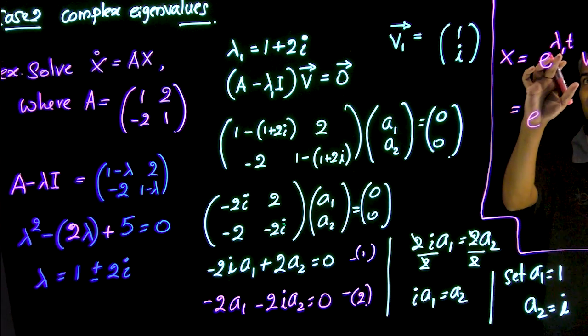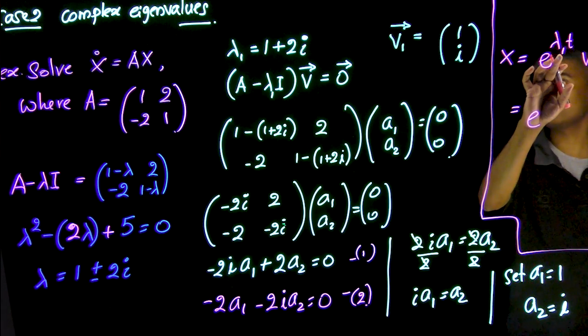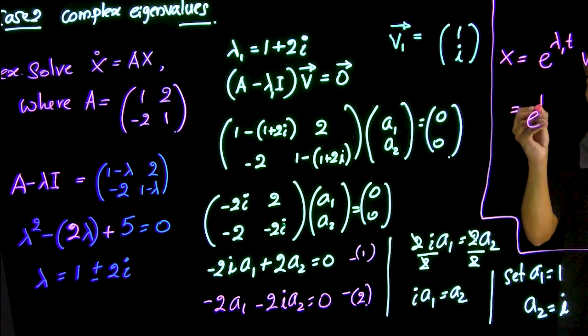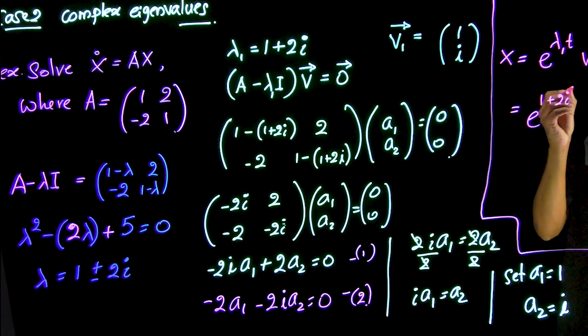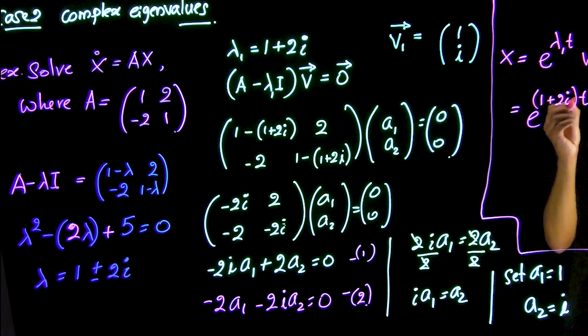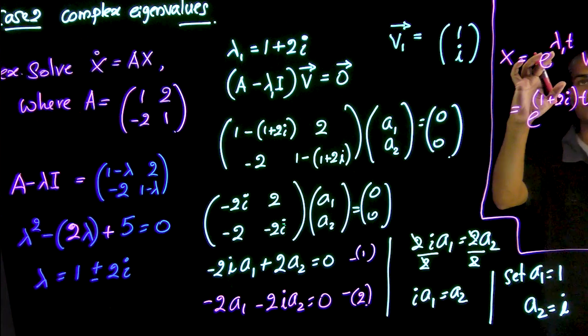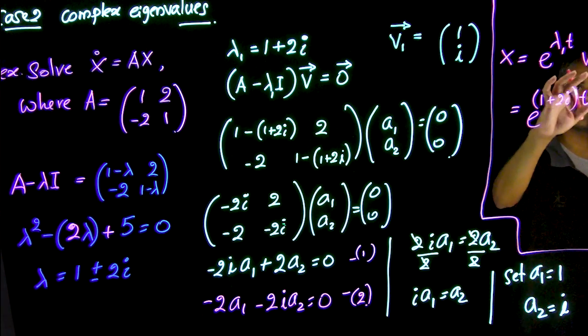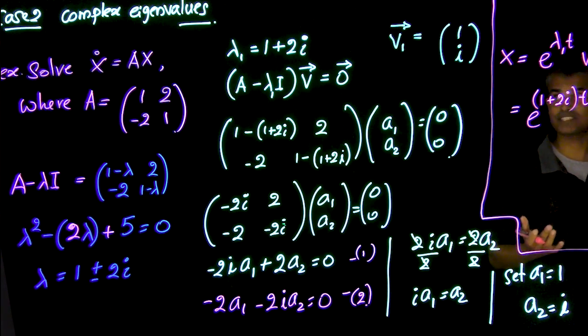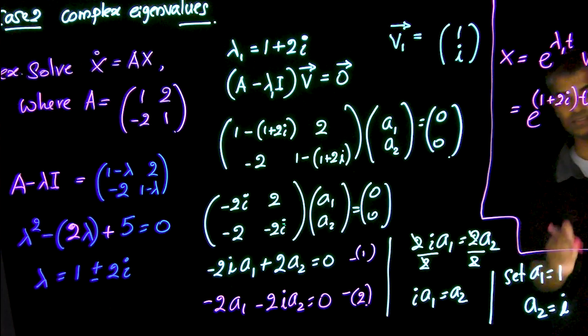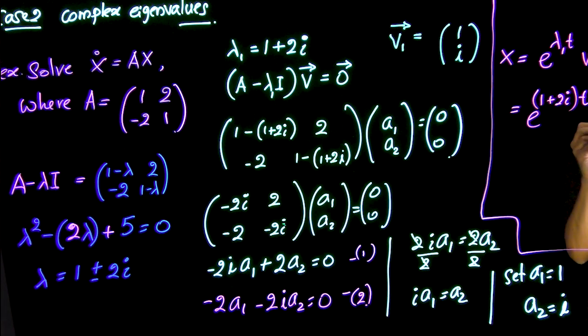But this time my eigenvalue is a complex eigenvalue. Therefore, you will get e to the (1 plus 2i) times t, and if you have a complex eigenvalue, then the corresponding eigenvector should be complex as well, and we got that it is 1 and i.